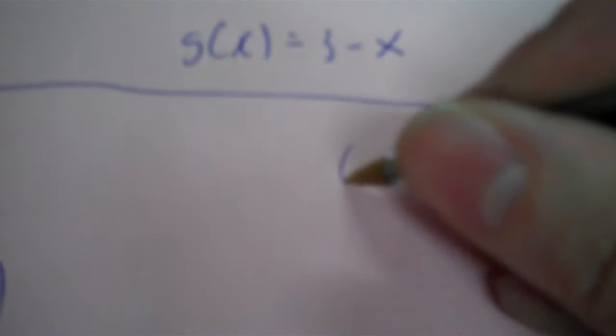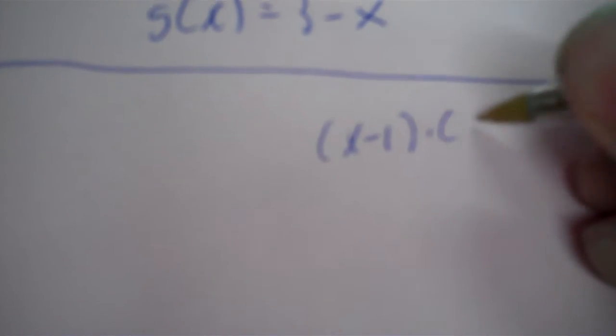All you simply do is duplicate the x minus 1 and FOIL it. x times x, x times negative 1, negative 1 times x, and negative 1 times negative 1. So that's x second, negative 1x, negative 1x, and 1. So then we combine these, and that's x second minus 2x plus 1.